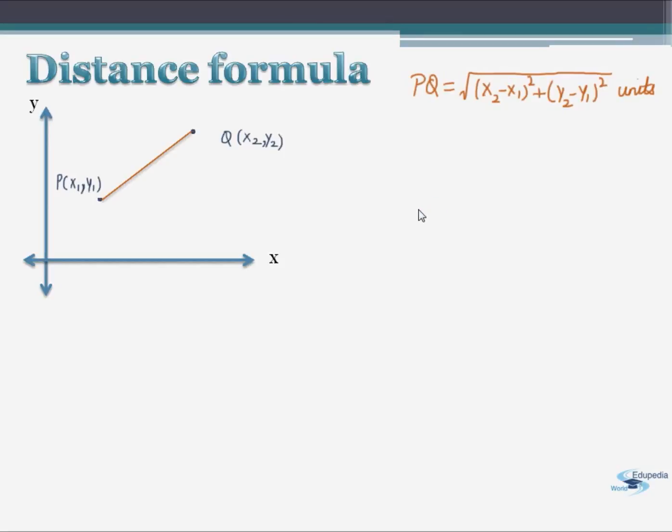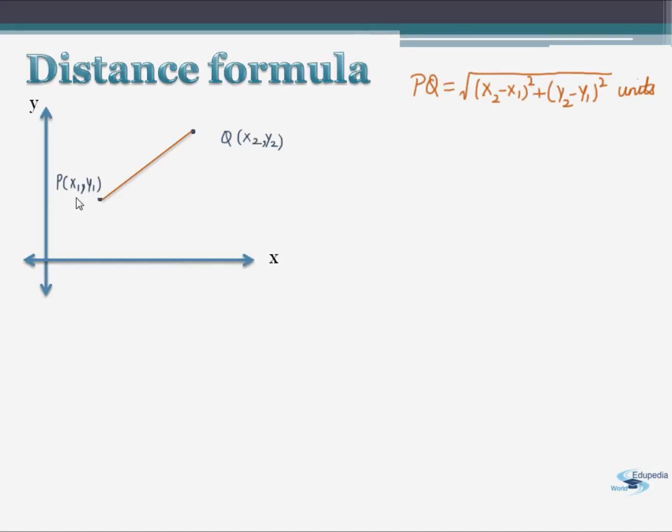Now let us discuss briefly how this formula is derived. Friends, what do this x1, y1 and x2, y2 mean?